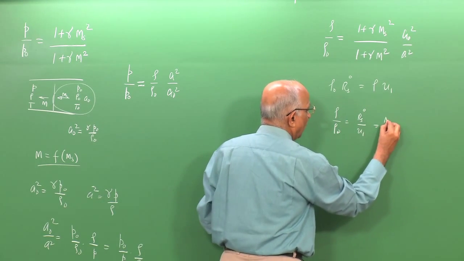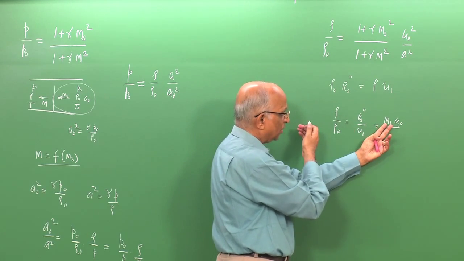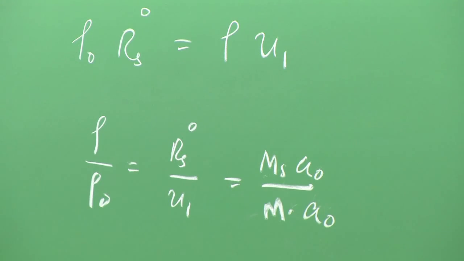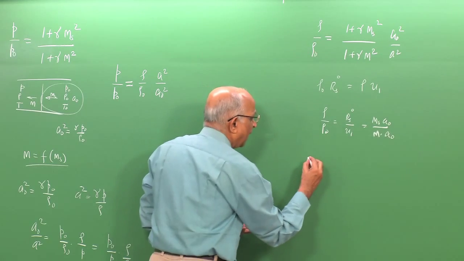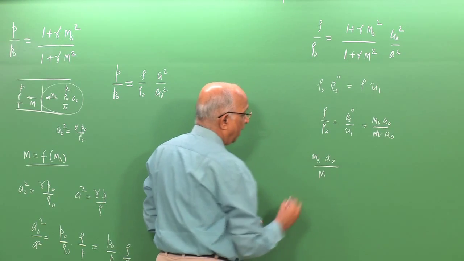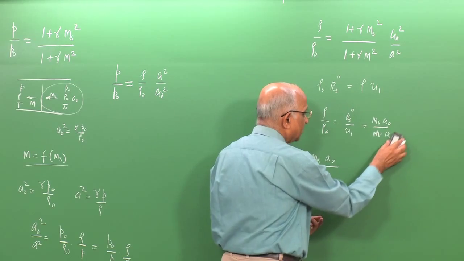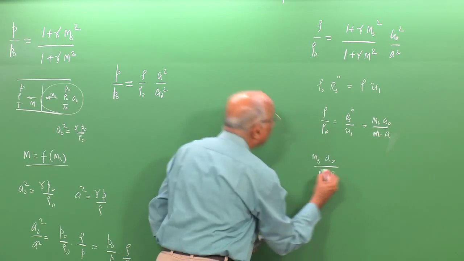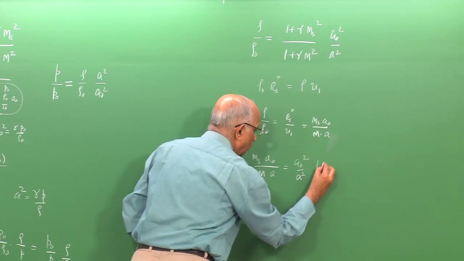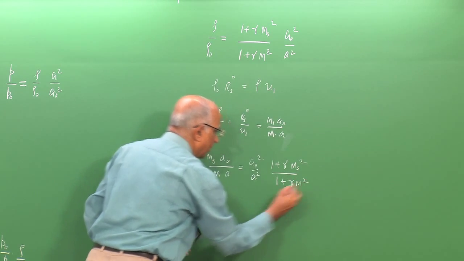R s dot is equal to m s into A 0, and u 1 is equal to m into A. Therefore, substituting this value, I get m s into A 0 divided by m into A, mind you, the denominator should have been A, because the sound speed behind the shock is A. This is equal to A 0 square divided by A square from this equation into 1 plus gamma into m s square divided by 1 plus gamma m square.